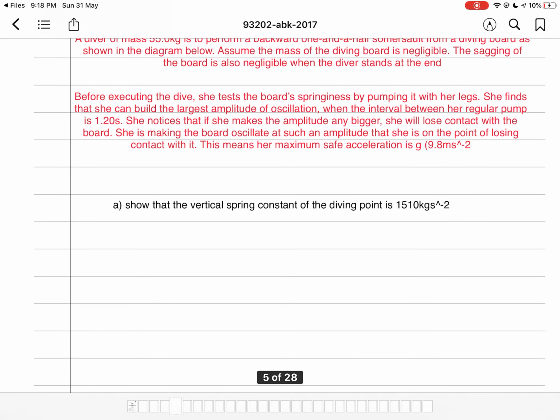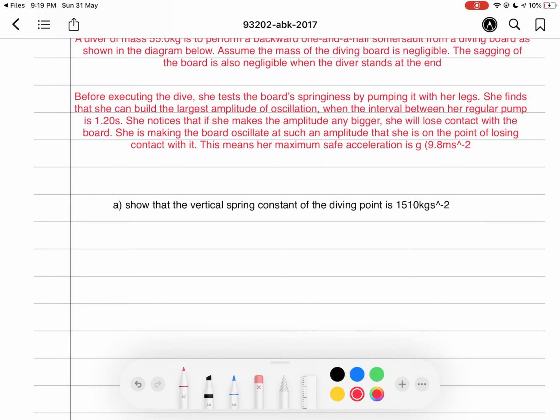Question A. Show that the vertical spring constant of the diving board is 1,510 kilograms per second squared. Alright, so for this question, we're going to be using the period of oscillation of a spring, since we're considering this diving board as a spring. So period T equals 2 pi square root of m over k. You can find this formula at the back of your formula sheet.